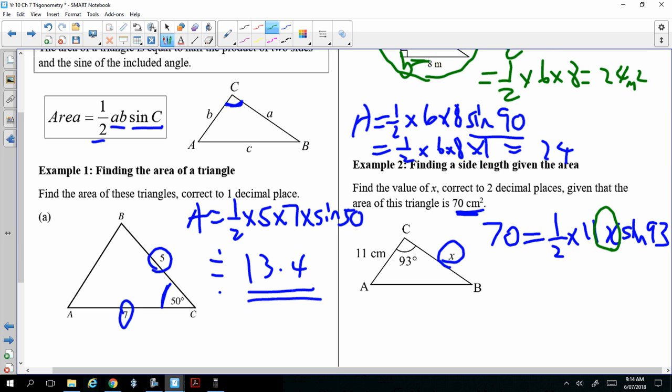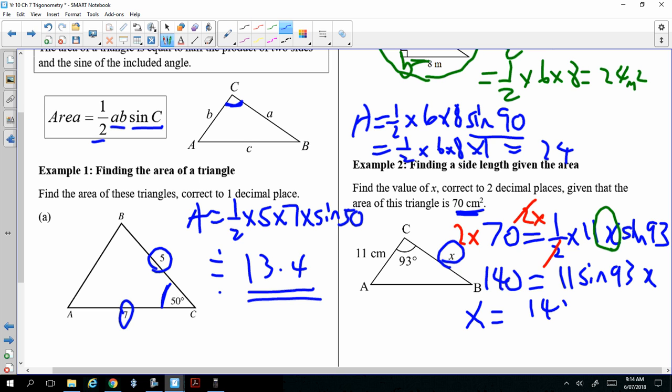So what you need to do, to solve for x, you can double both sides. So you get 140 equal to 11 sine 93 x. So you multiply both sides by 2. Cancel that one. And then to find x, you just have to divide 140 by 11 sine 93.